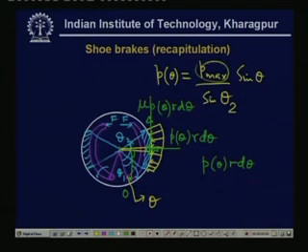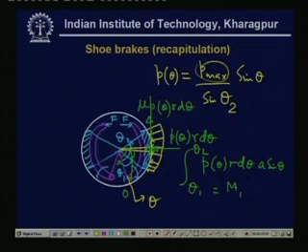If we consider this length to be, let us say, a, then this distance is a sin theta, as you can verify, because this angle is theta. So, this is the moment of the force P theta r d theta, and we integrate from theta 1 to theta 2. This gives the moment M 1.